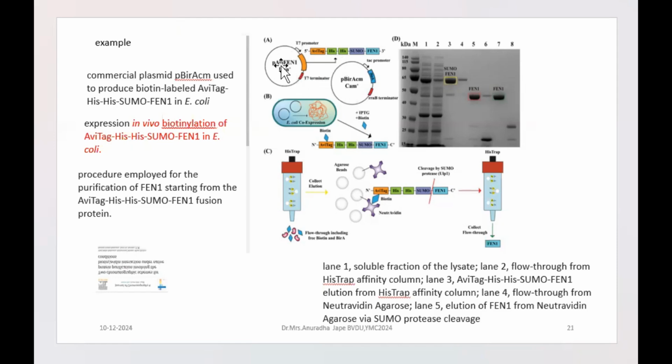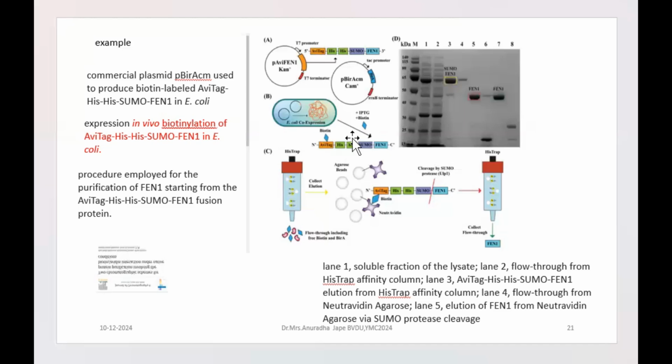Now this plasmid is transformed into E. coli and the expression is allowed. When expression occurs, biotin is added to the protein product produced by this sequence, that is histidine sumo FEN1. You need not remember the particular tag or plasmid name, but you have to remember biotin is added.